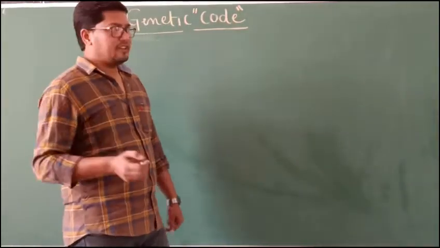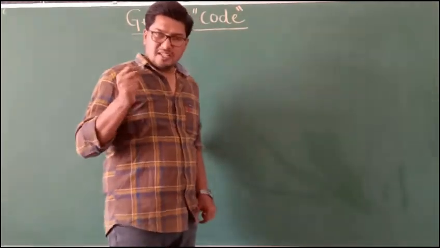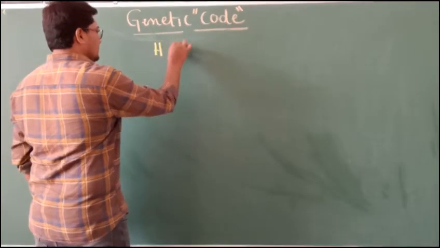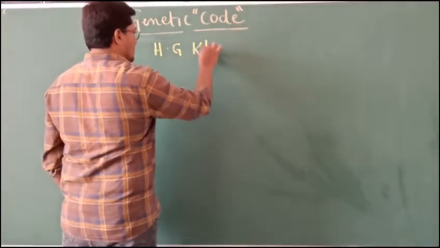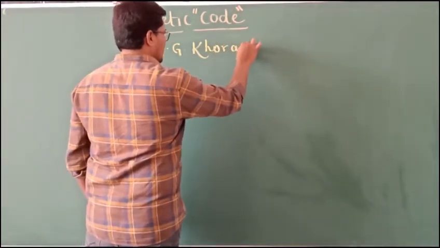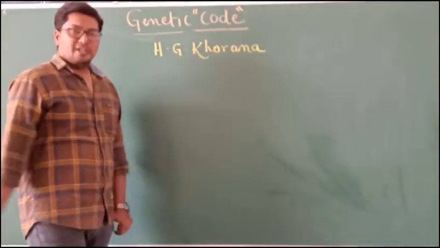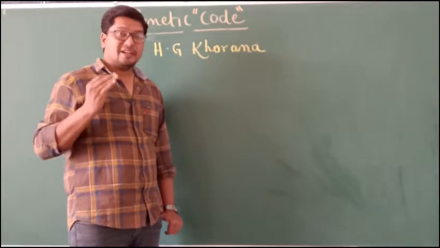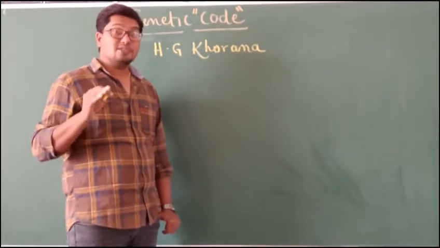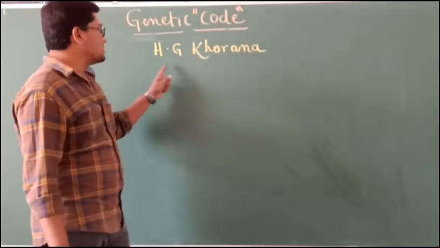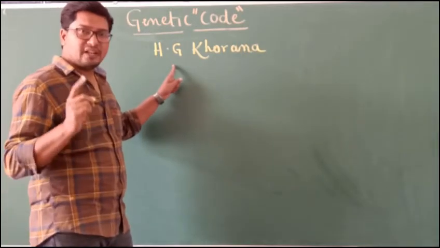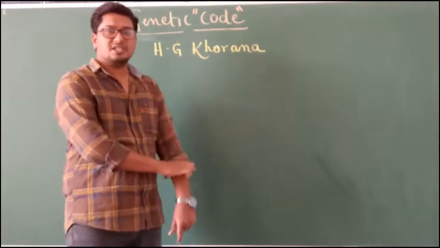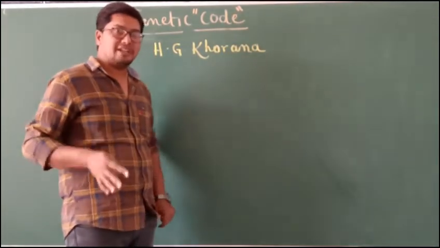The concept of triplet genetic code was supported and further strengthened by Khurana. I already told you the bold hypothesis of triplet genetic code was given by George Gamow. This concept was supported and strengthened by Khurana, an all-time great scientist in the field of molecular biology.